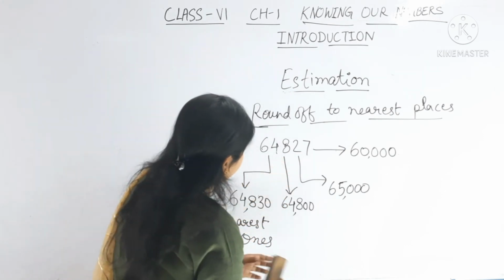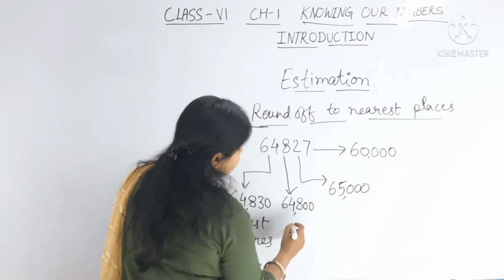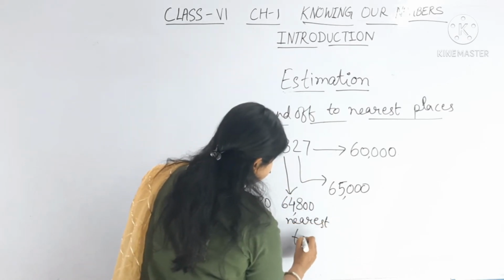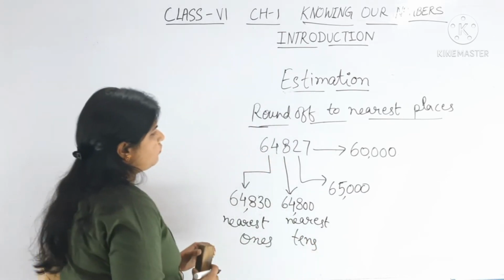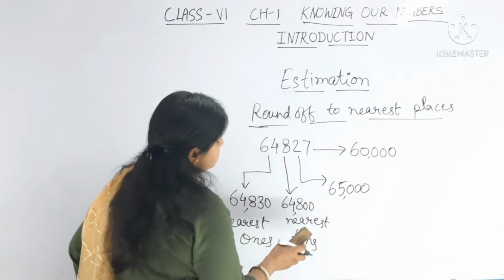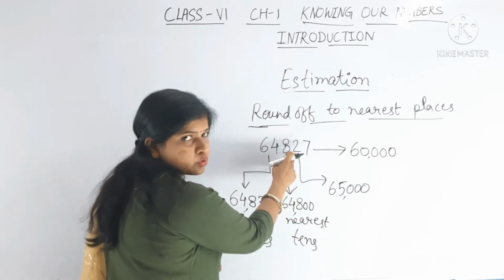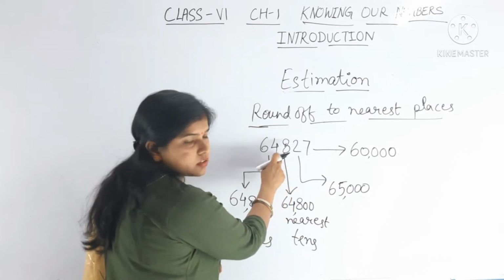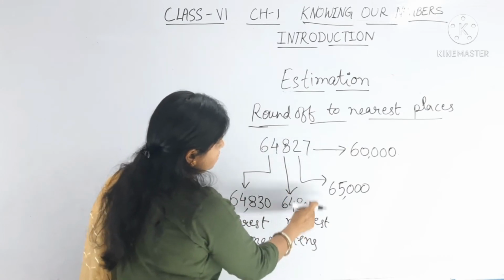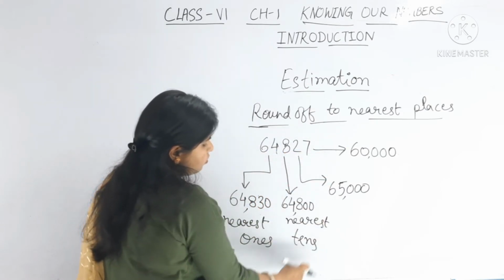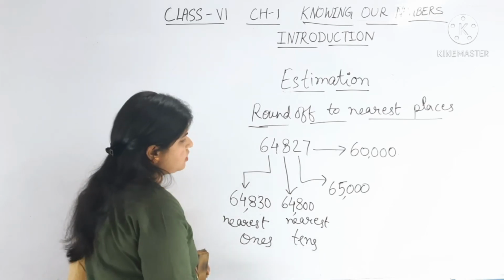And this is the nearest tens. For the nearest tens, what you can see here is 2, so no change will be here. This will be replaced with 0, means 6 4 8 0 0. That is the nearest tens.